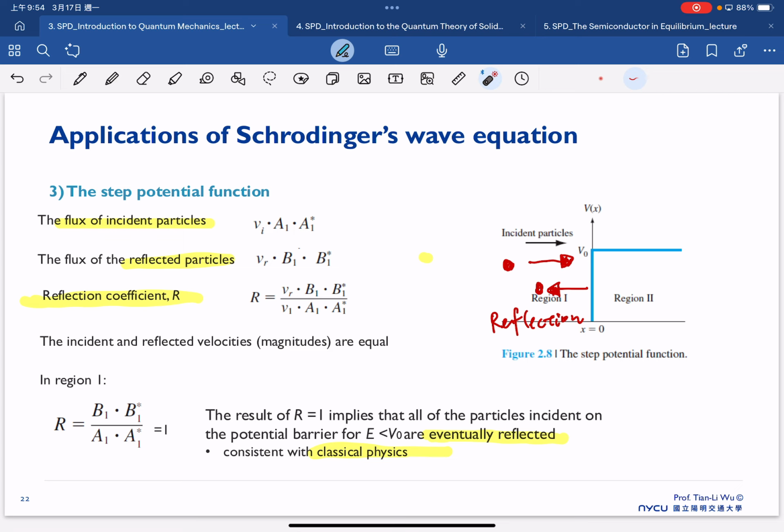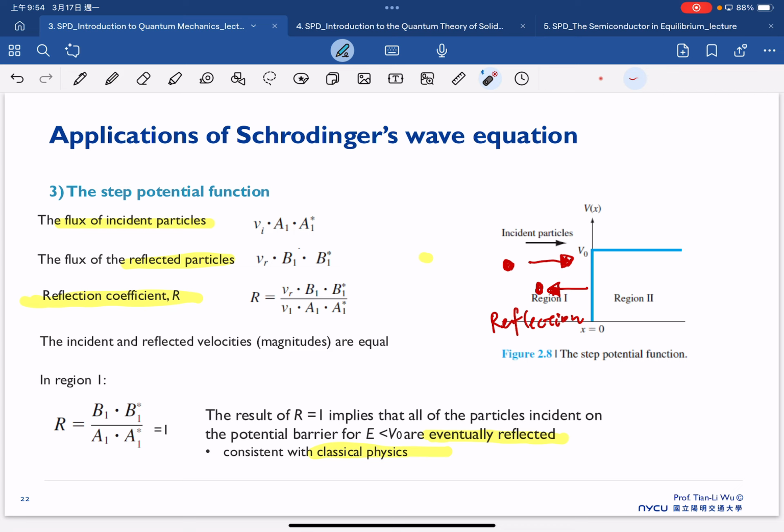Most of the time, the reason you feel quantum mechanics is way too complicated is that most lectures spend a huge amount of time solving very complicated equations, and sometimes while trying to solve them, we easily lose the physical meaning behind them.